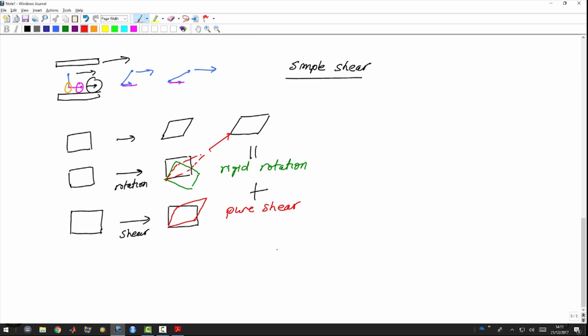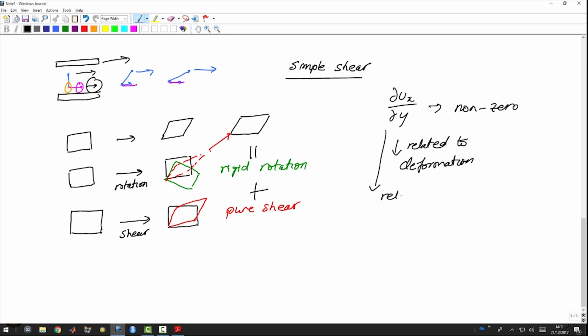So in general, you can see that in all these cases, the velocity between two neighboring points is what we are looking at. In this case, when del Vx by del y is non-zero, this is related to deformation, and this is also related to local rotation.